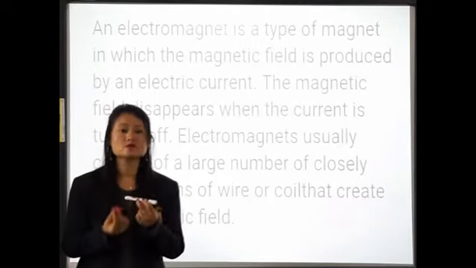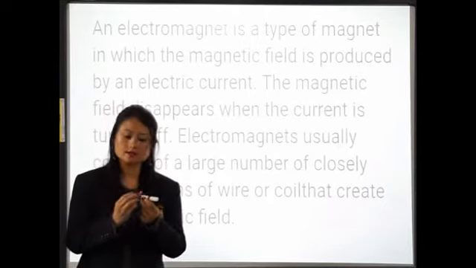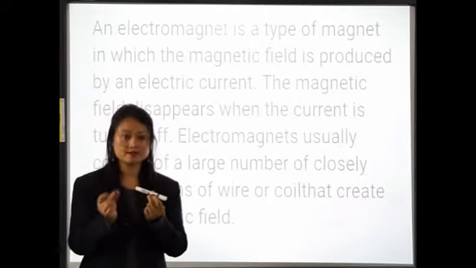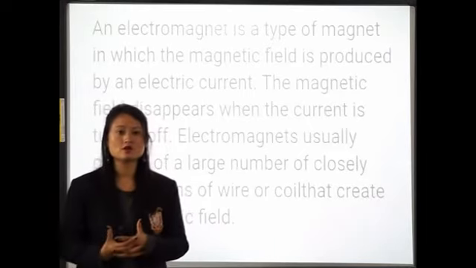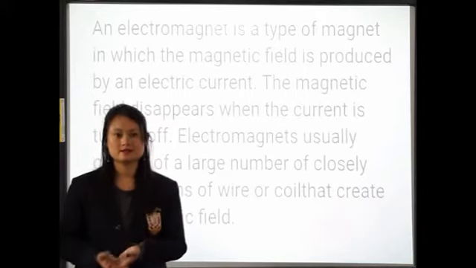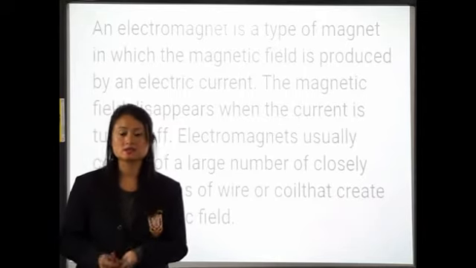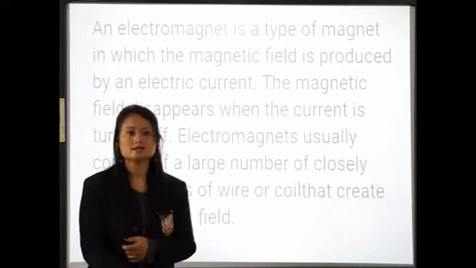That means it will lose its magnetism, and thus the attracted magnetic substance will fall off. And what does it mean when the substance falls off? It means there is no magnetic strength acting on the magnetic substance.